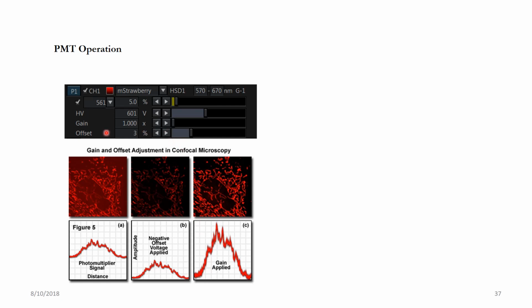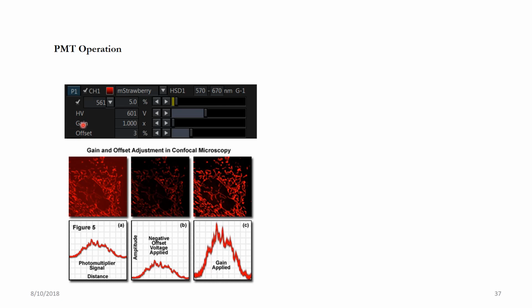So using this offset you can get rid of this background as you see here, right? And most of the background is gone, and then you can apply two kinds of gains. One is a preamp gain and one is an electron multiplying gain or HV. So both of them have their own qualities.